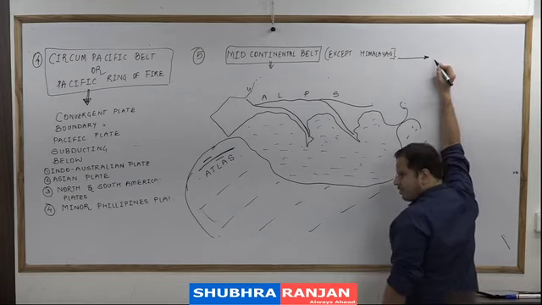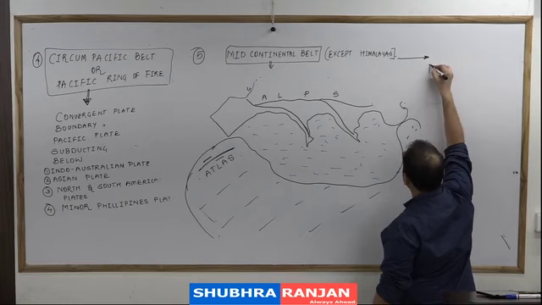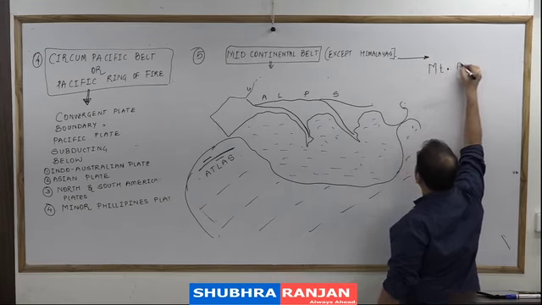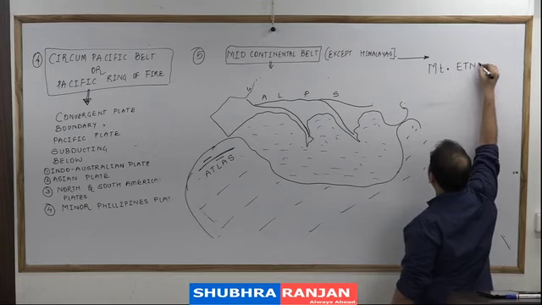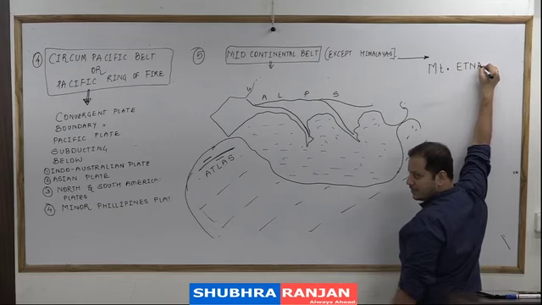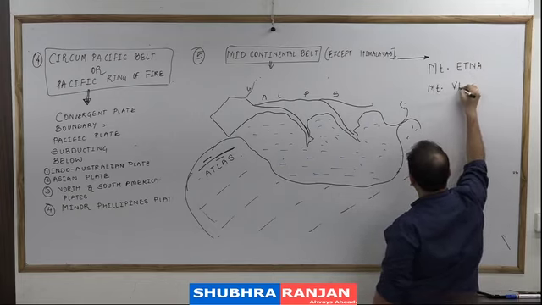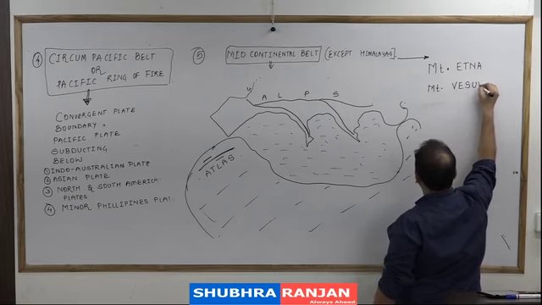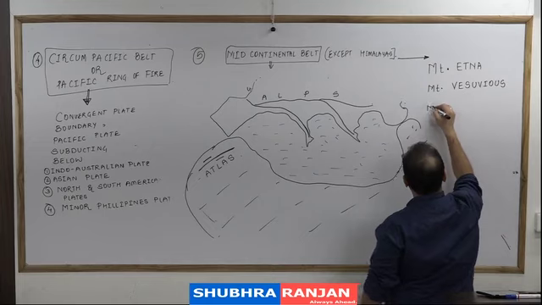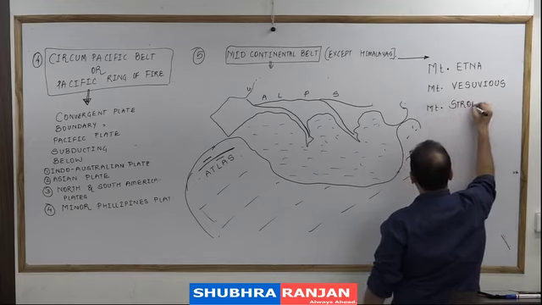Some of the major volcanoes in the regions of Alps are Mount Etna, Mount Vesuvius, and Mount Stromboli.